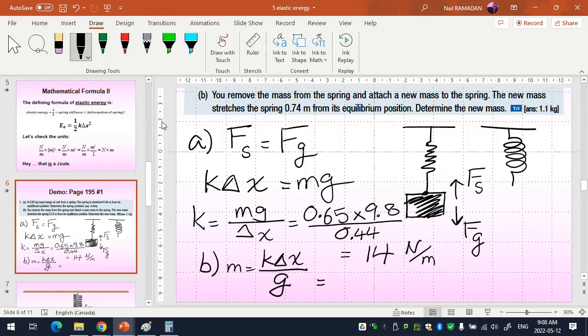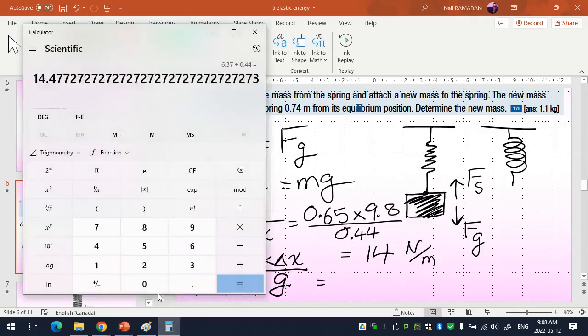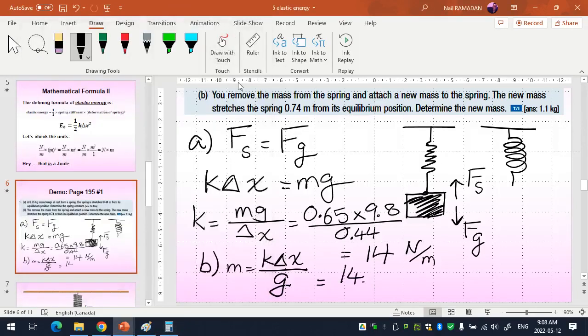We already calculated the k. It's the same k. However, I'm going to go back and take one more digit from the original value, which would be 14.5. So 14.5 times, how much did we stretch it by now? 0.74. So what do we expect, lesser mass or more mass? More. It's stretched by more, which means there's more gravity on it, which means it has a bigger weight.